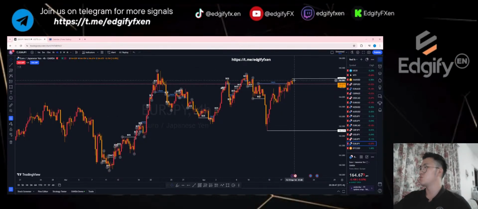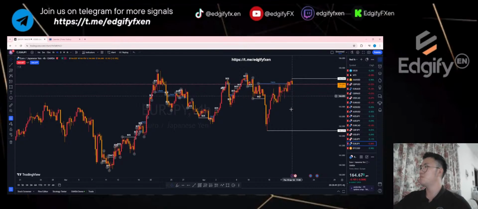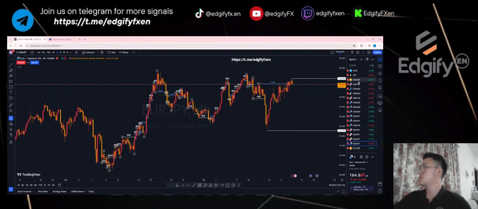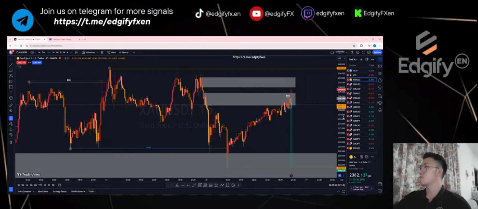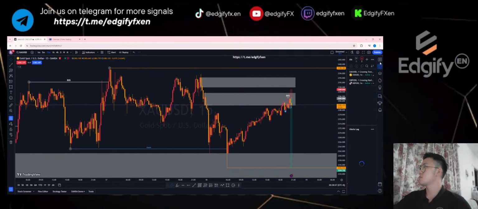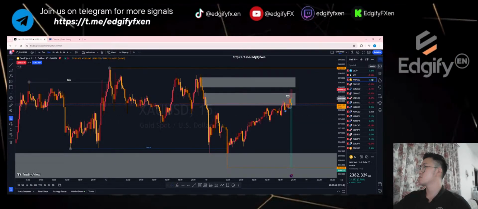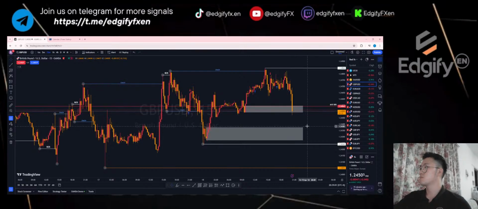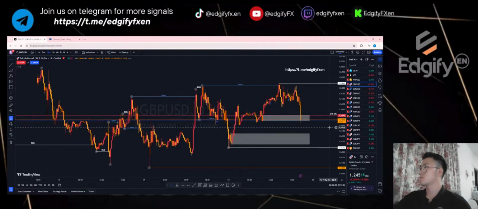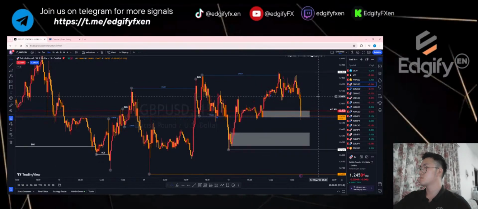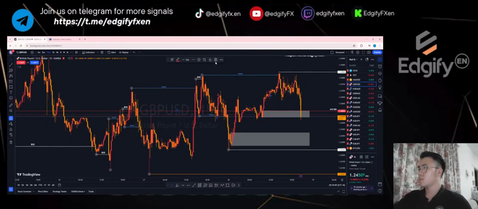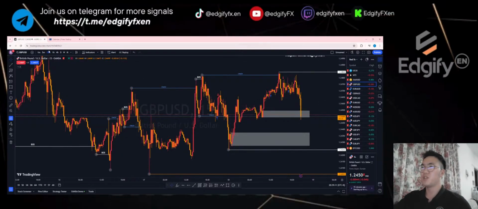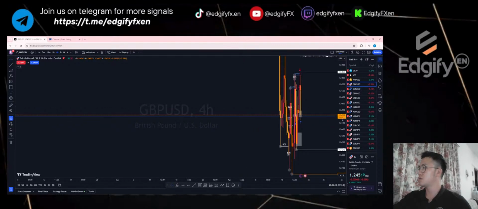So it's where we are looking to see a proper retracement before we start buying it. GBP USD on the 15, we can start looking for buy.